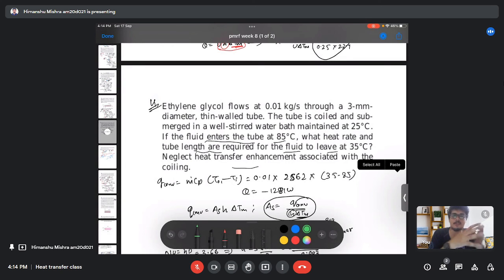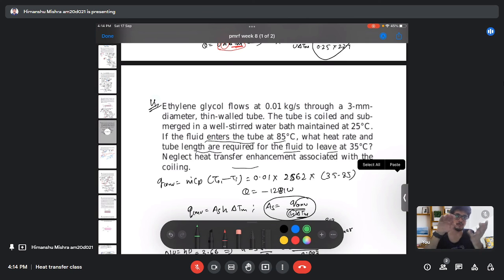We have solved some basic questions from heat exchangers, where we found the area or the length of the heat exchanger. For that we need the overall heat transfer coefficient and the heat transfer. So first we found the heat transfer, and then we also need the log mean temperature difference. For the log mean temperature difference, we need both inlet temperatures and both outlet temperatures of the fluids.